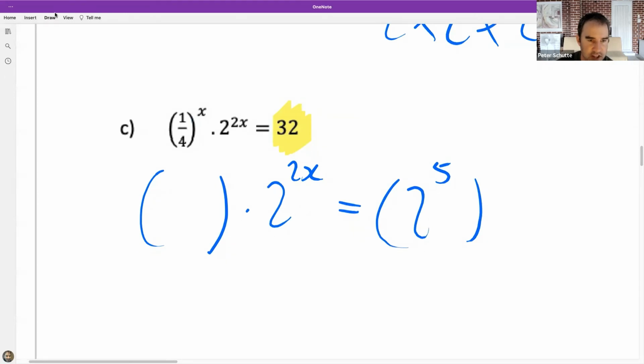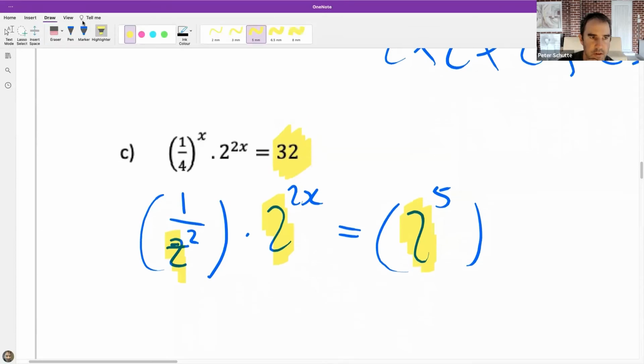So what I'm going to suggest instead is that you change the quarter to 2 to the power of 2. And you change the 32 to 2 to the power of 5. Now notice how all my bases are 2.